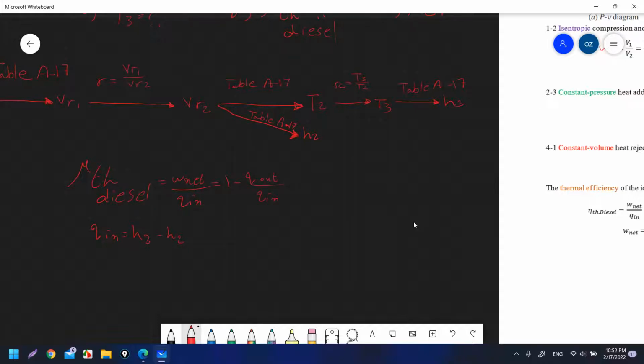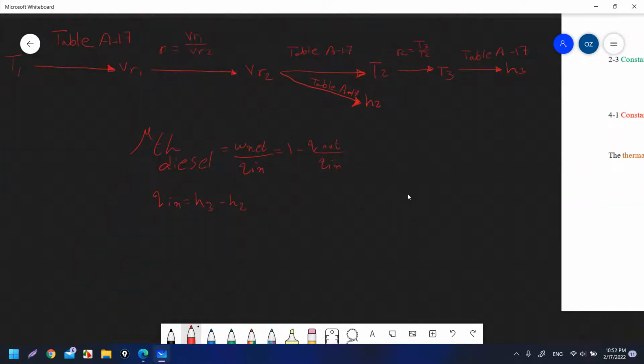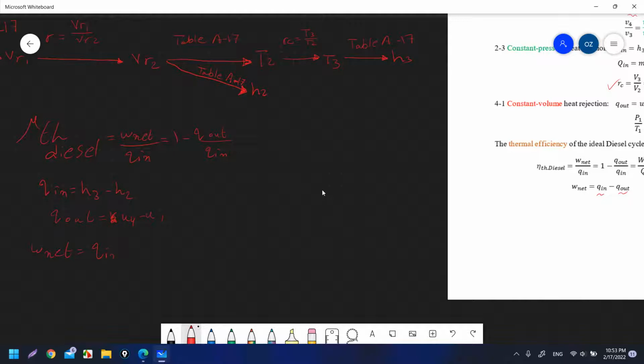But we will find W net because part C, mean effective pressure, contains W net in its equation. I will not use this equation, but you can. Qin is equal to H3 minus H2, and Q out is equal to U4 minus U1. And W net is Qin minus Q out.